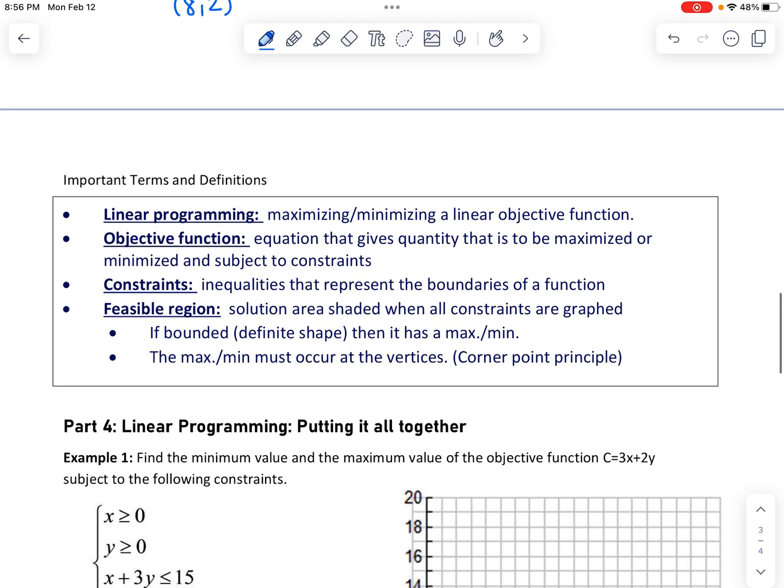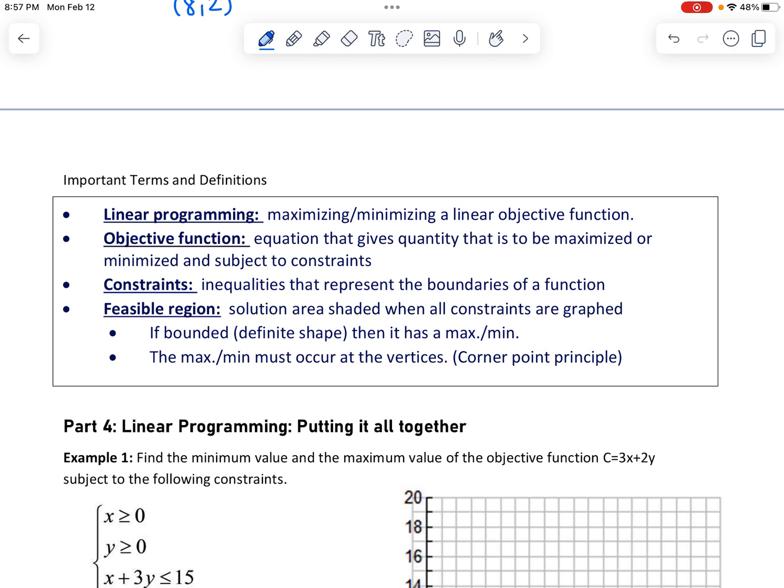So let's move on to some important definitions for what we've been covering. Linear programming, it was the title of the notes, and so that you really understand what it means. We haven't actually gotten into full-on linear programming yet, but it is where we try to maximize or minimize a linear objective function.